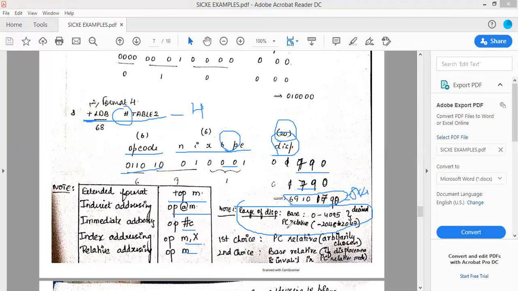Sometimes, when you try finding the displacement, you're supposed to use PC only if the displacement falls in the range of minus 2048 to 2047, in decimal. If the displacement falls in this range, only then can you use PC. Otherwise, if the displacement crosses this range, you will have to use base. We will see an example here.